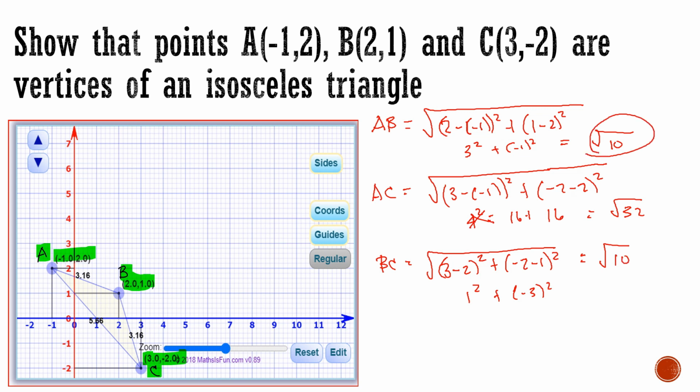We have square root of 10 and square root of 10. AB is equal to BC. Therefore, it is an isosceles triangle. So I hope with this illustration, you will be on your own solving problems using distance formula.